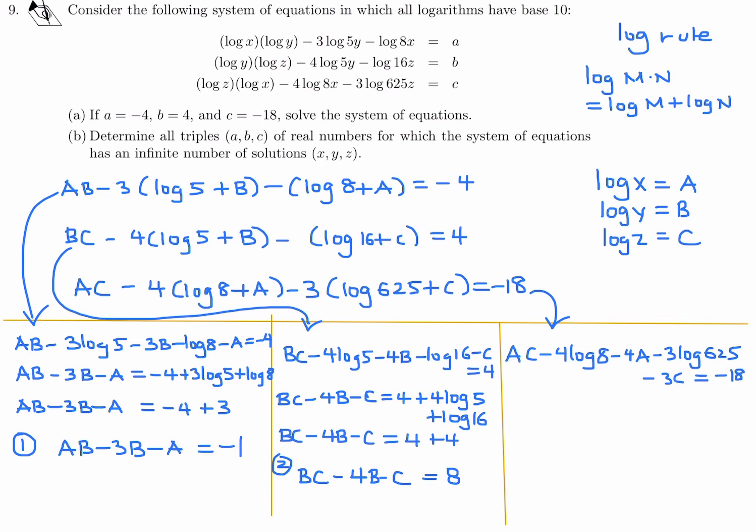And as before, let's put all the letters on one side. So we have ac minus 4a minus 3c, and this side will become minus 18 plus 4 log 8 and plus 3 log 625.